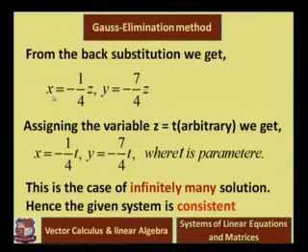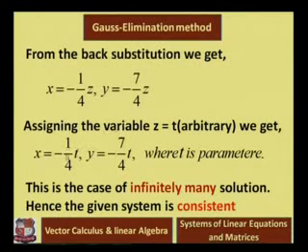Now notice in this solution, x and y are dependent on the variable z. We can see that x and y depend on z, and that is the case of infinitely many solutions. And how can we solve that matrix?